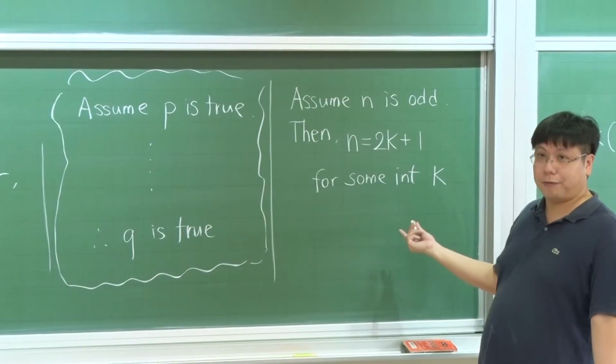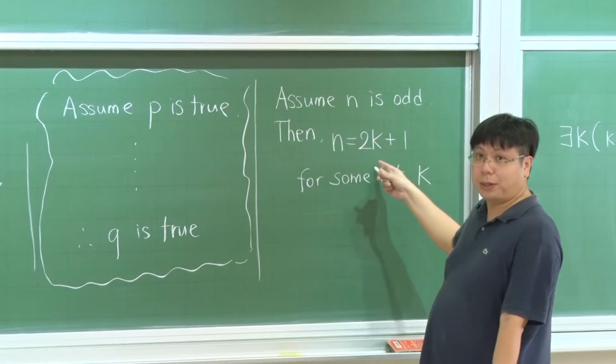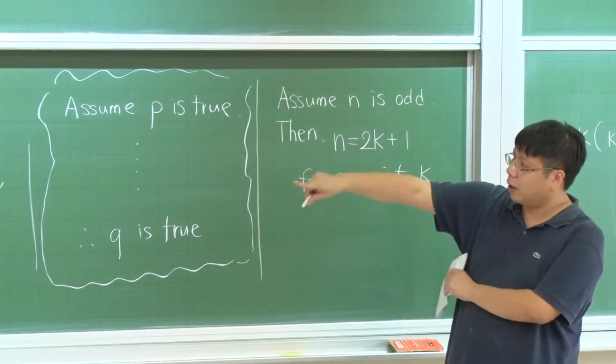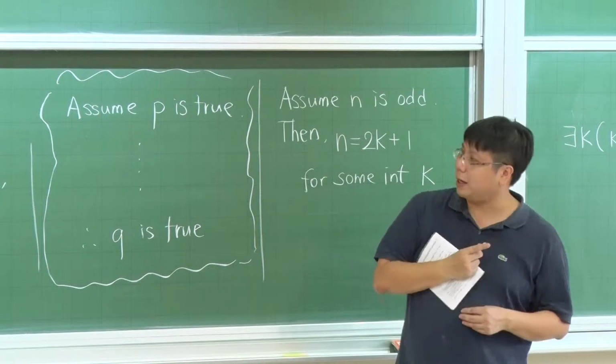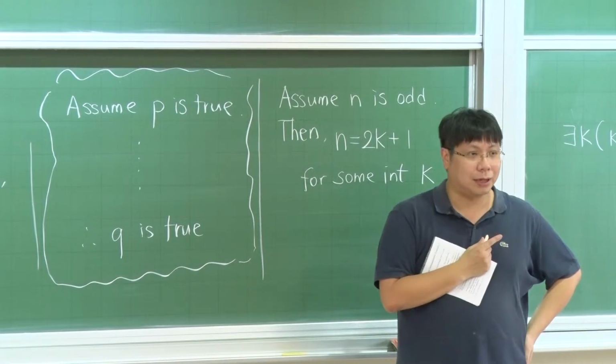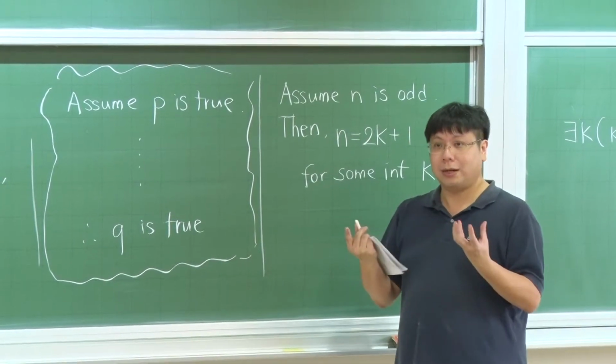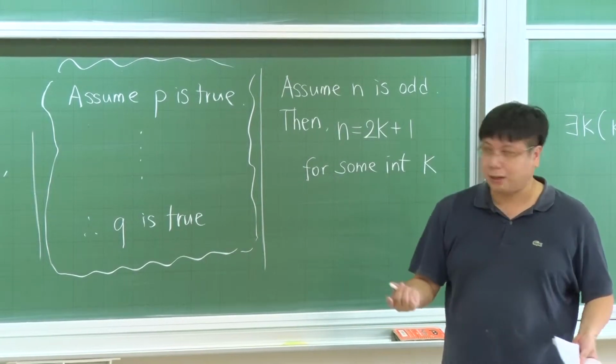Then what do we have? We have this one already. The next step is we hope to arrive at the conclusion that Q is true. Q is about n squared being odd, so let us now look at n squared.